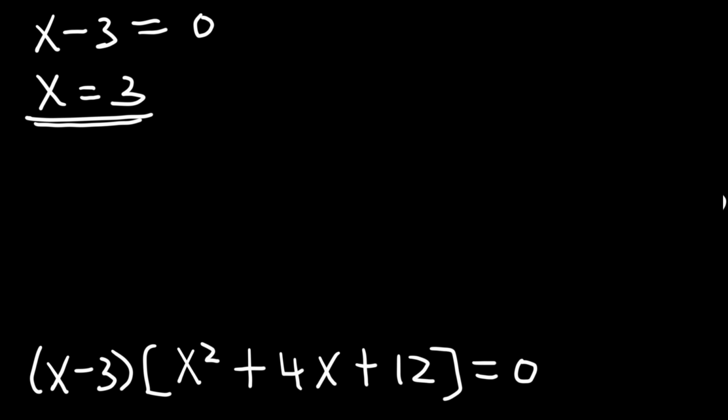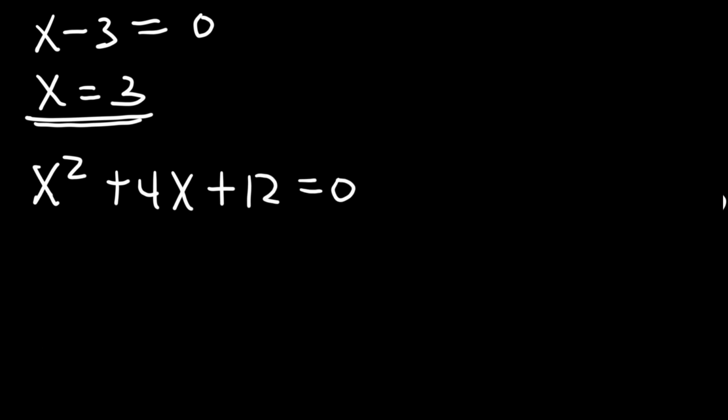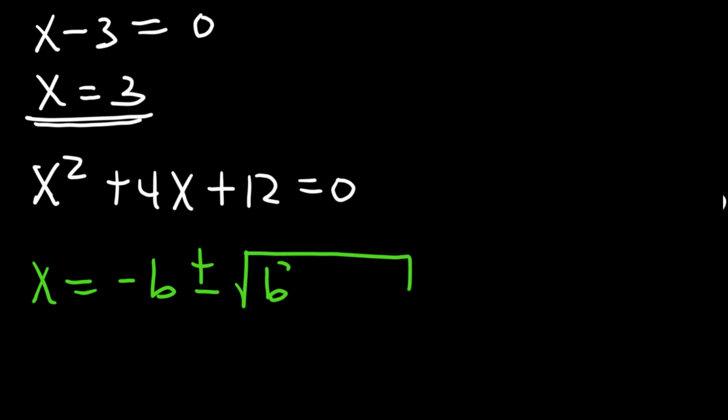And then if we set x to the power of 2 plus 4x and then plus 12 to be equal to 0, this is a quadratic equation. To solve it, we shall use the quadratic formula. x will be equal to negative b plus or minus the square root of b to the power of 2 minus 4ac divided by 2a.